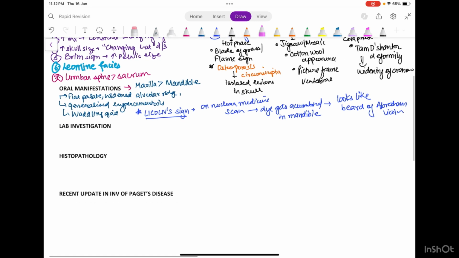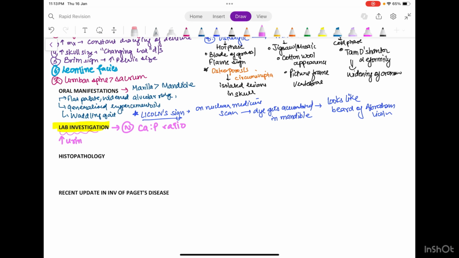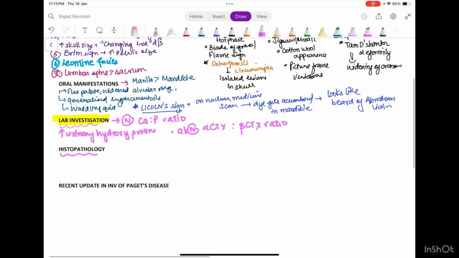Then coming on to the investigations, lab investigations. Now in lab investigations, what you will see is there will be normal calcium to phosphate ratio, but there will be increase in the urinary hydroxyproline, and there will be abnormal alpha CTX to beta CTX ratio. Then histopathology.